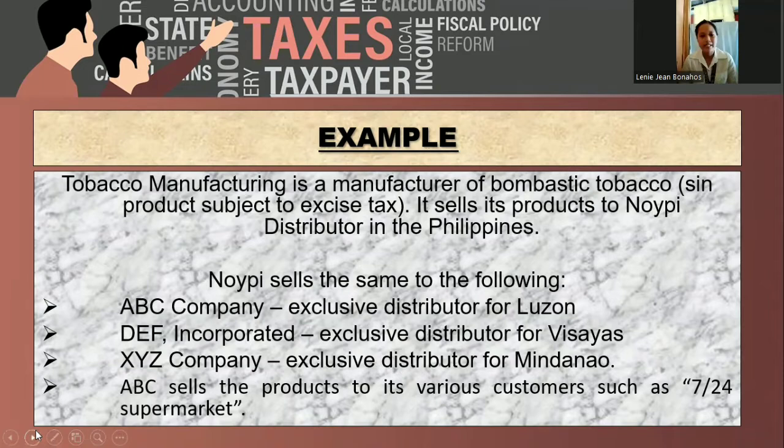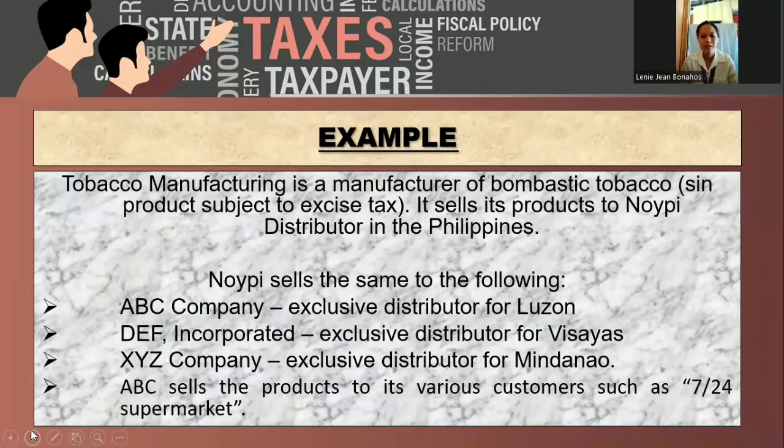Noiti sells the same to the following: ABC Company, exclusive distributor for Luzon; BEF Incorporated, exclusive distributor for Visayas; XYZ Company, exclusive distributor for Mindanao. So every company has its distributor for Luzon, Visayas, and Mindanao. It is not received directly from the tobacco manufacturer, but passes through Noiti.